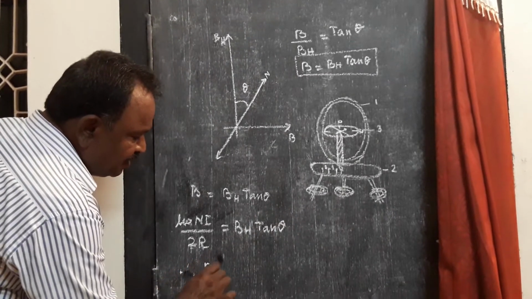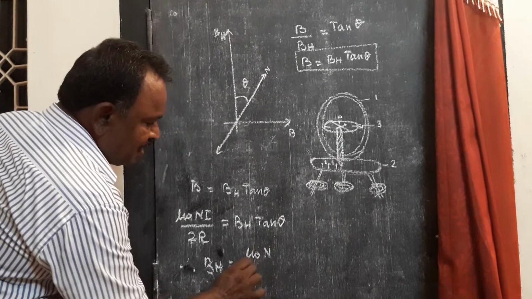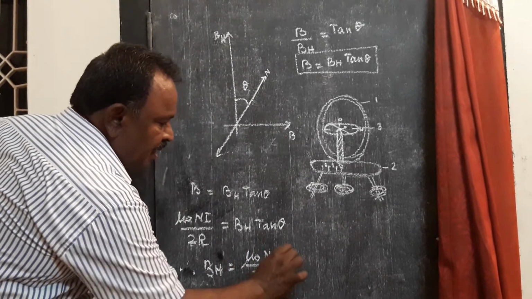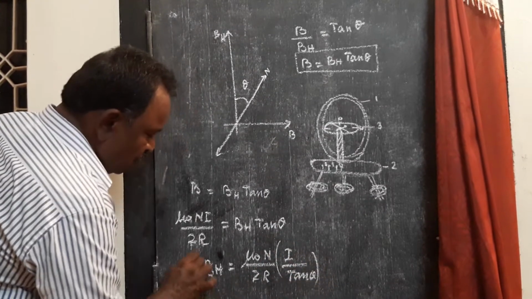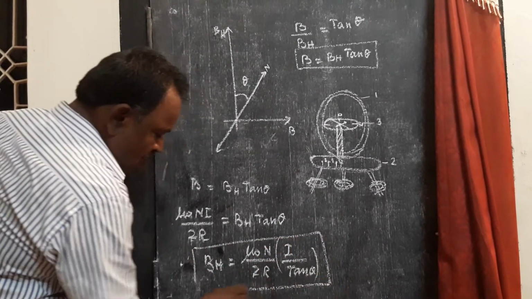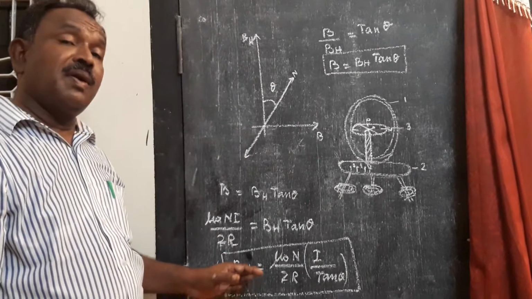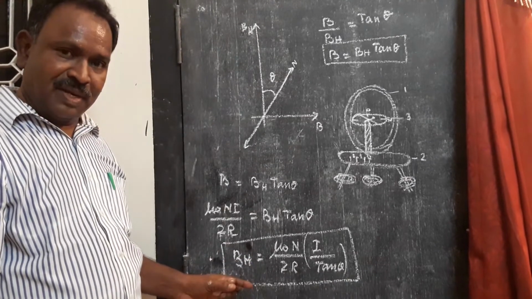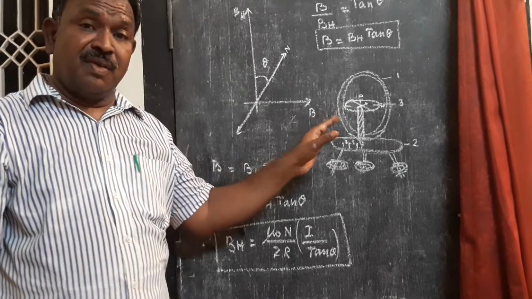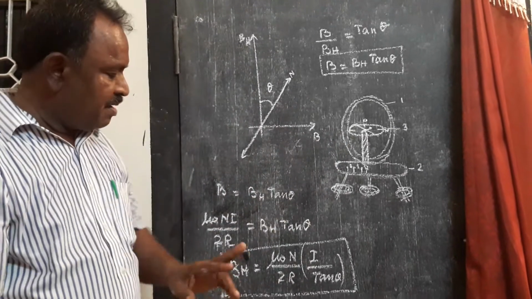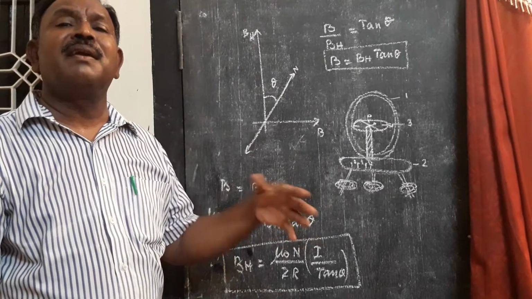Therefore, BH is equal to mu naught N by 2R into I by tan theta. Using this expression, you can find the value of the horizontal component of Earth's magnetic induction at the laboratory. So in the laboratory, we use the tangent galvanometer to determine the horizontal component of Earth's magnetic field or Earth's magnetic induction.